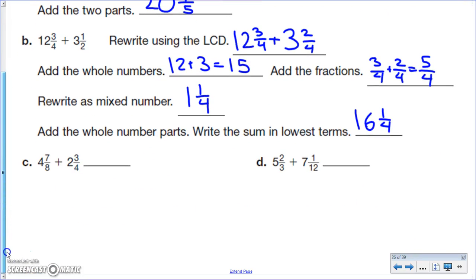All right, continuing on here with problem C, first thing we need to do is rewrite with a common denominator. So we have 4 7/8 plus 2 3/4. So we're going to take 3/4 and turn it into 6/8. Now we can add the whole numbers, so 4 plus 2 is 6.